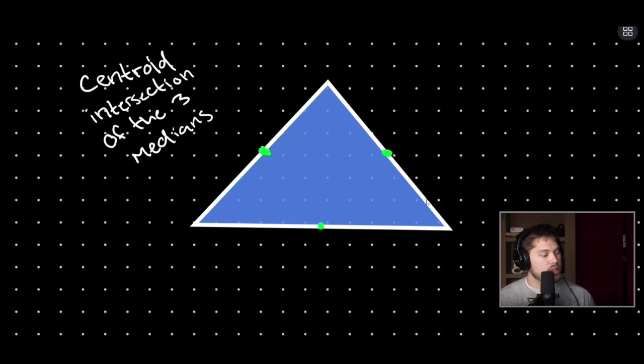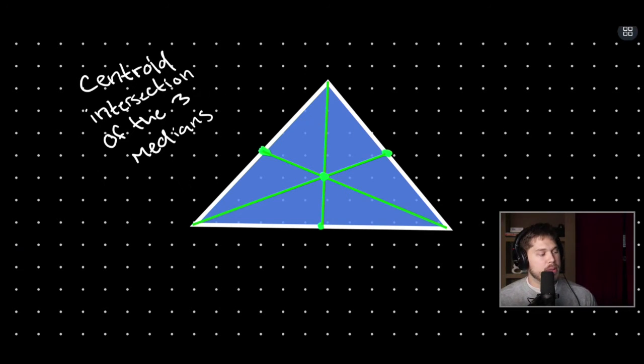So let's draw lines from the opposing vertex to these midpoints of our sides. And this is how we construct our medians.